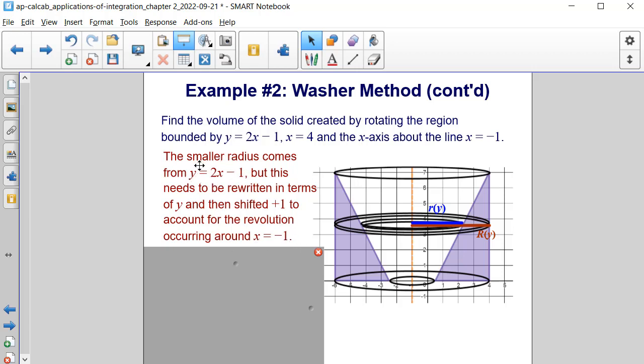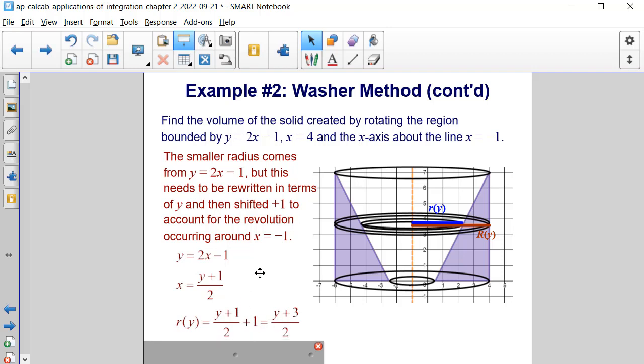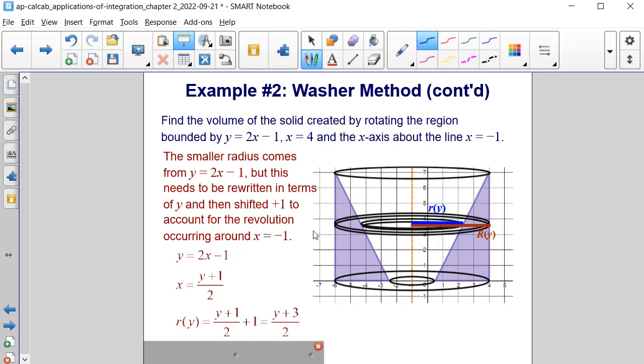So let's first begin by solving y equals 2x minus 1 for x. We're going to add 1 to both sides and divide by 2. So we'll end up getting that x is equal to y plus 1 divided by 2. And then if we add 1 to that at the end, we'll need a common denominator.